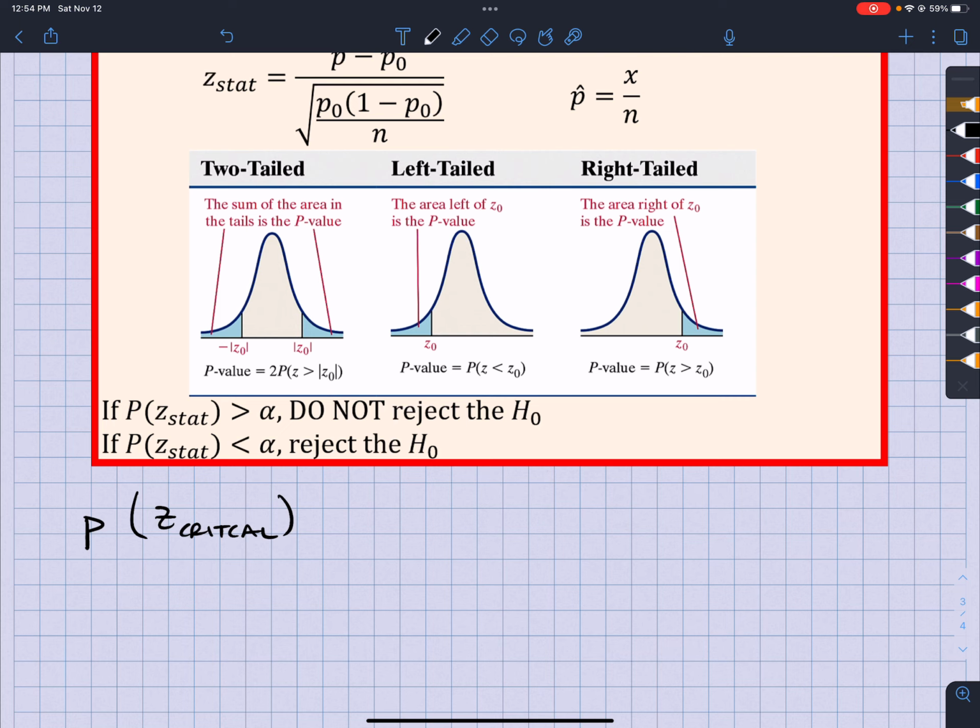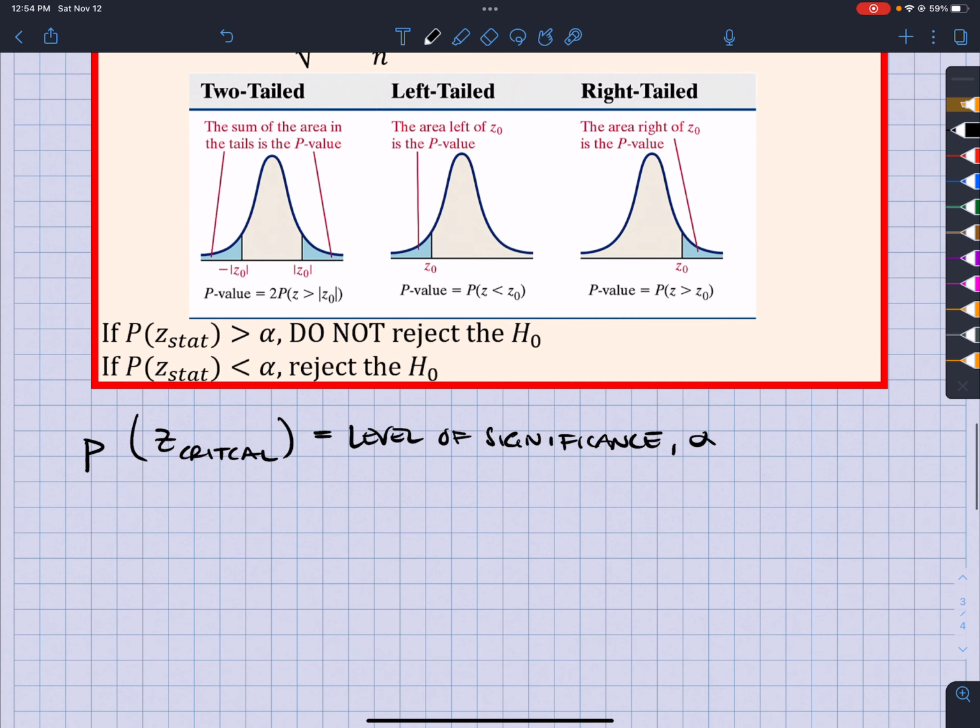This is really the level of significance, which is alpha. So we already had that. But what we do have to find is the p-value of z being greater than my z-stat.